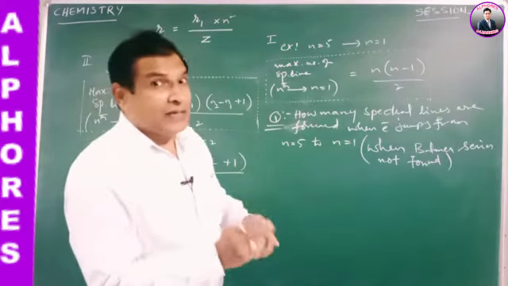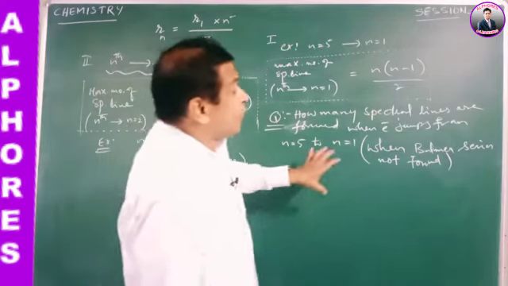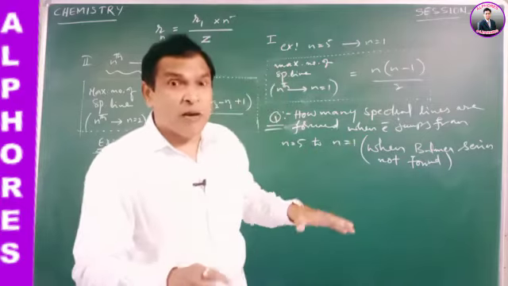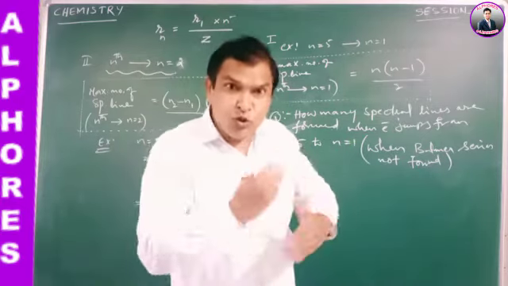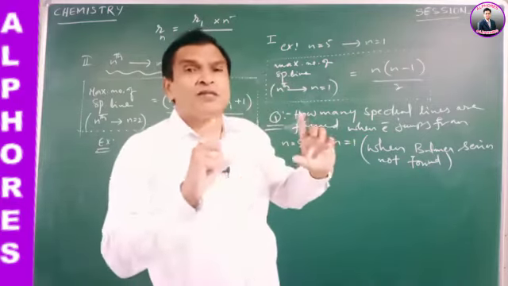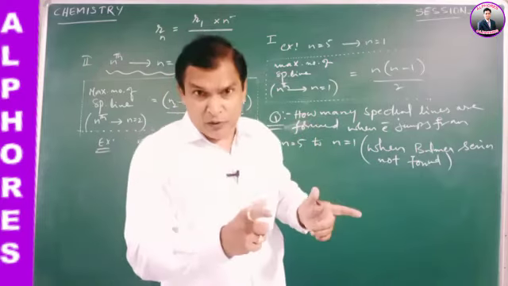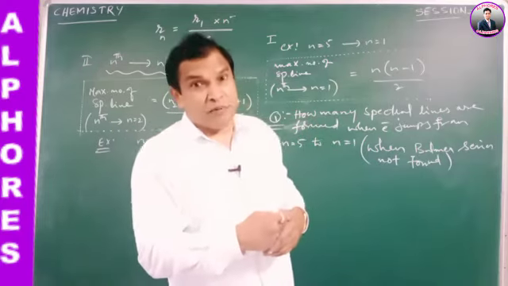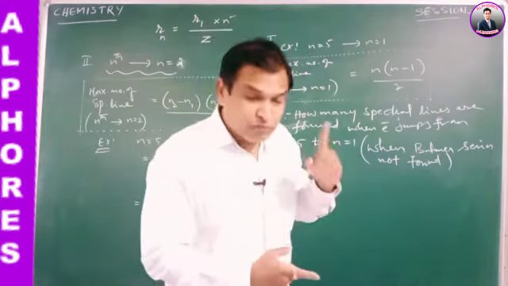But the problem says the Balmer series is not found, so how many spectral lines appear in the hydrogen spectra? That is the concept.